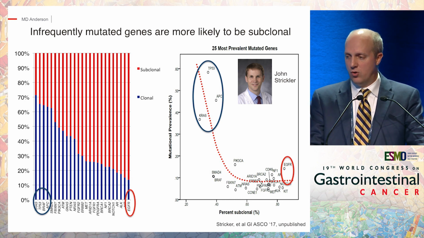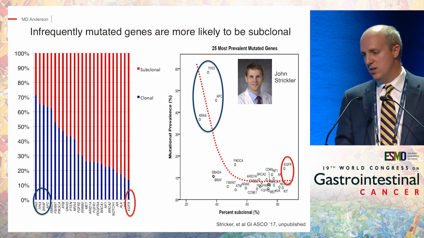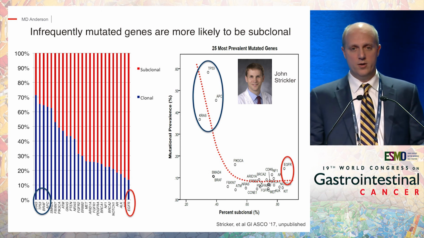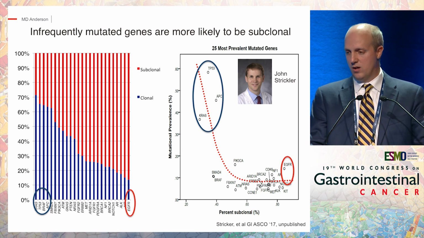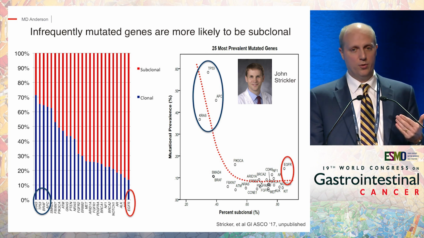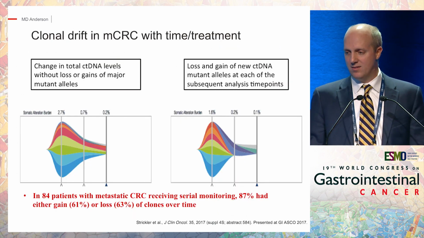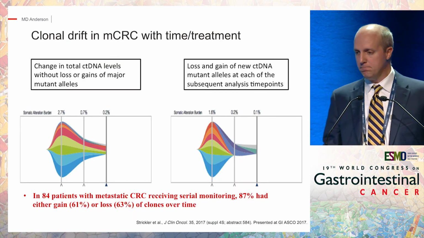Meaning that these truncal mutations, P53, APC, KRAS, are on one extreme, and then others such as EGFR, which are later events, and usually under the influence of EGFR inhibition, tend to be more subclonal. So these are important insights that one can get.